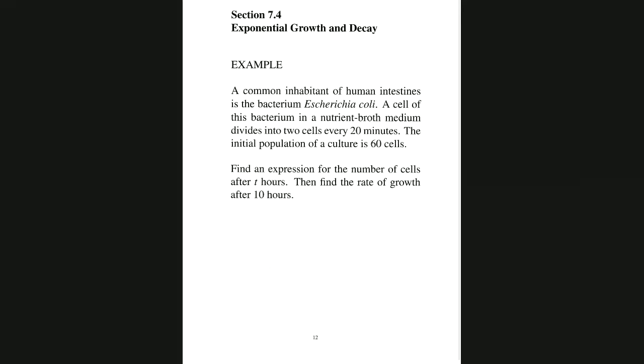I have it written out here. In the interest of time, this is going to be exercise 2.